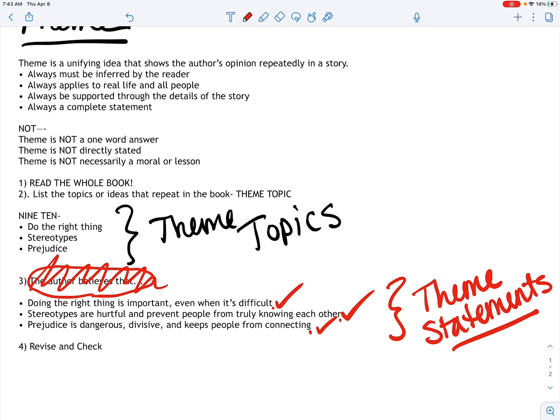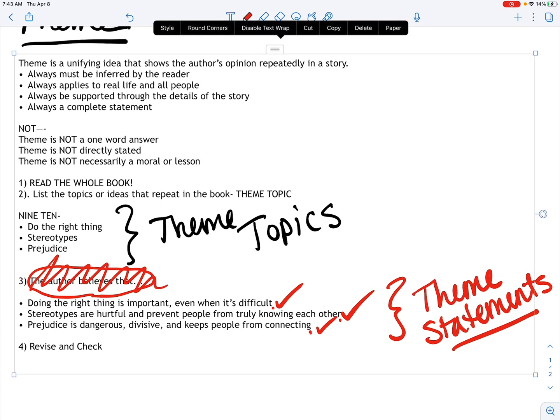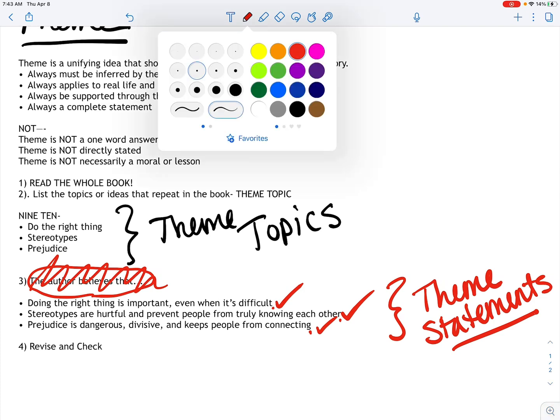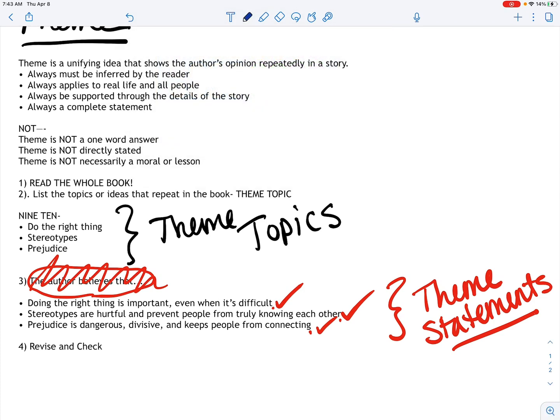Okay? The checking part also involves going back to the story and making sure you can find evidence. So, in the case of doing the right thing, even when it's difficult, we already talked about the fact that this really does apply to Will, right? Specifically, the advice his dad gave him.